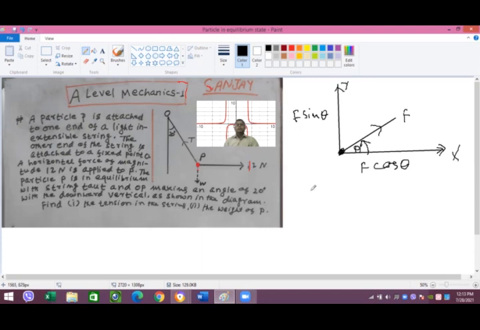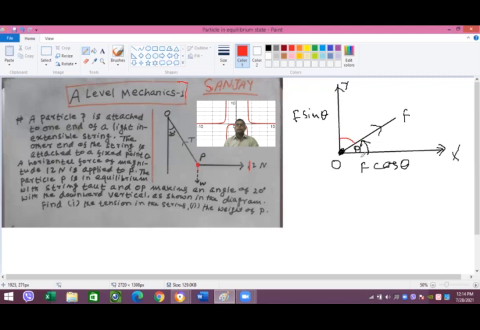But suppose the y-axis is the ground, then what happens? The y-axis will become the horizontal component for the force F, and the x-axis becomes the vertical component of this force, but not for this angle theta, but for another angle, the complement of angle theta.